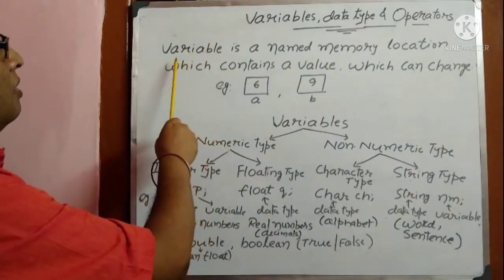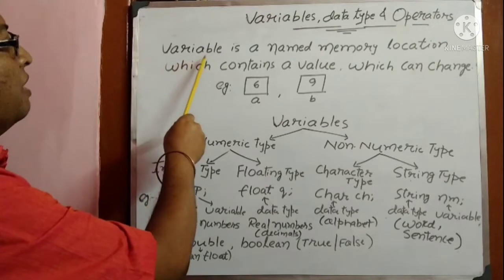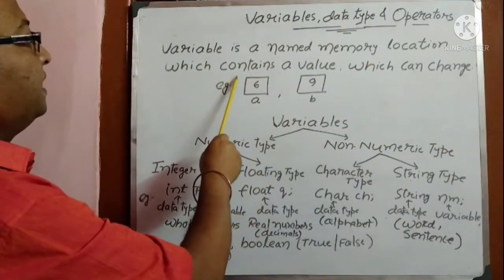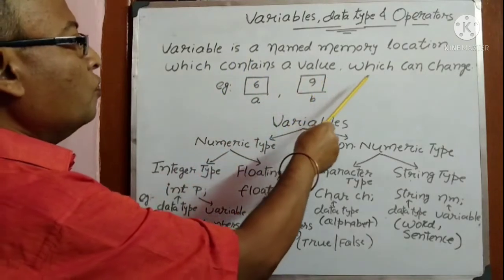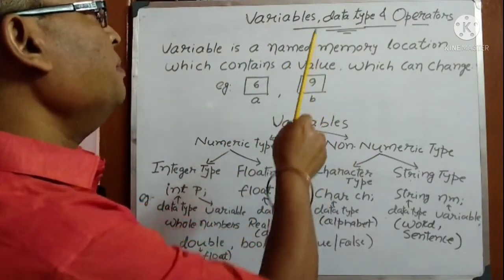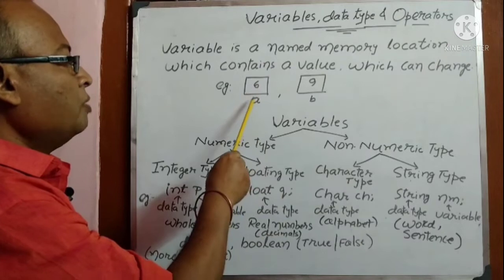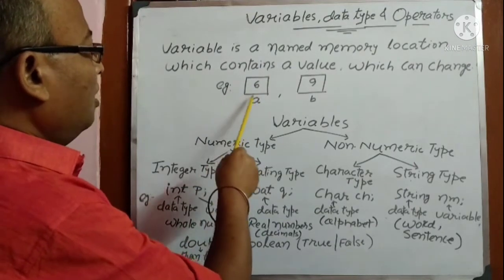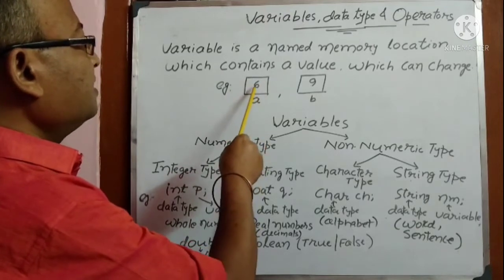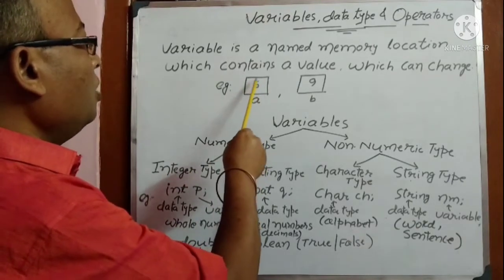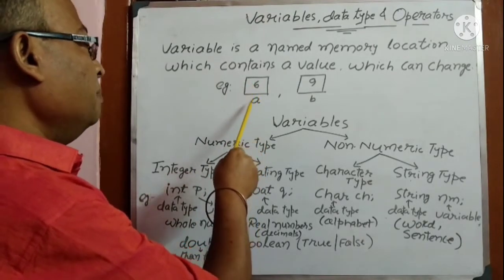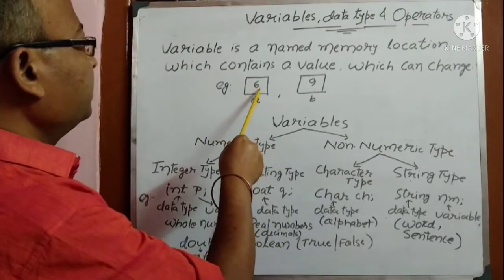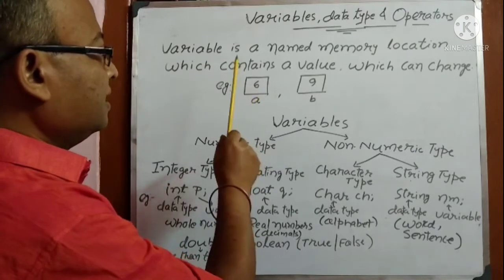Now, what is a variable? Variable is a named memory location which contains a value which can change. Named memory location means you have to give a name. Suppose this is a memory location named A, and inside it I have stored a value 6.